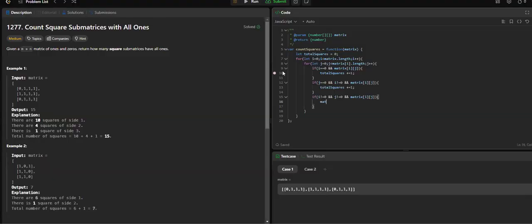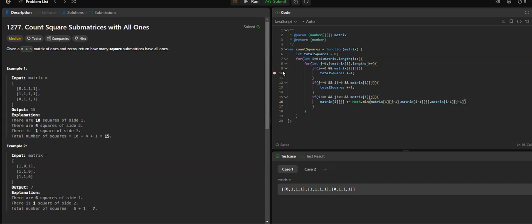So we are saying matrix[i][j] equals matrix[i][j] plus Math.min of matrix[i][j minus 1], comma matrix[i minus 1][j], comma matrix[i minus 1][j minus 1].